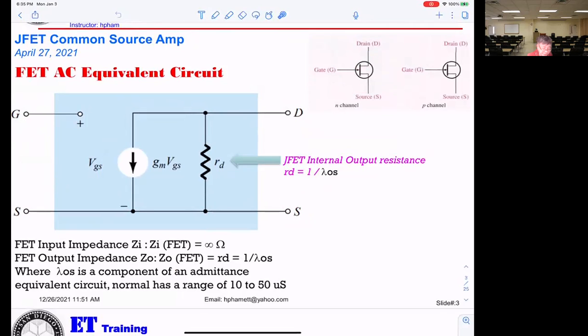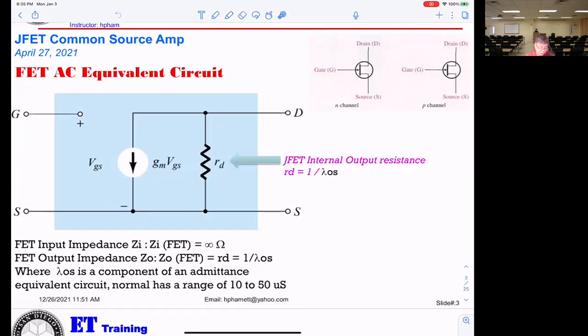From the drain to the source, you get the current, and that current value equals gm times VGS. This is the VG, this is the VS right here, so from here to here, that's what we call VGS.